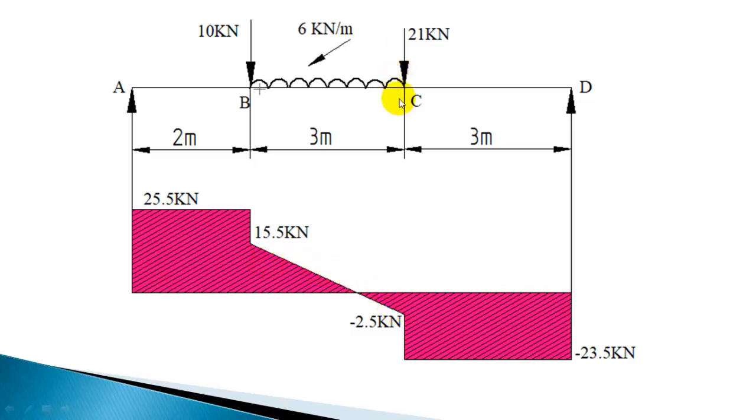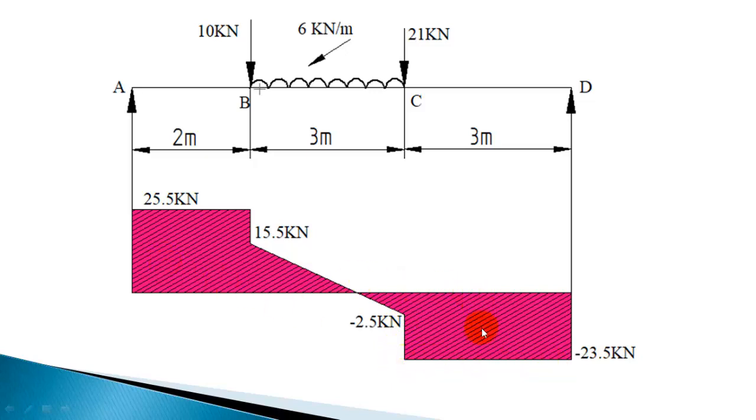So left of C we have minus 2.5, and for the section CD we know that it is constant and it's minus 23.5. So you can draw a horizontal line here, and this drop is because of the downward point load. So the shear force is changing from minus 2.5 to minus 23.5.